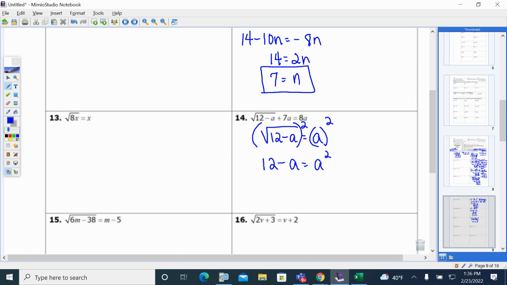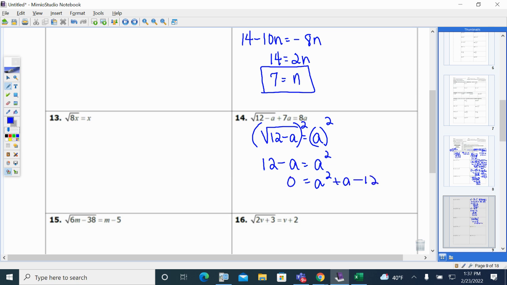Now what just happened here is we just created a quadratic. And this is going to go back to chapter 5 where we were solving quadratics. You're going to pick the method that you want to use. I'm going to move the 12 and the negative a to the right side. So it's going to be a squared. I'm going to add an a and subtract the 12.